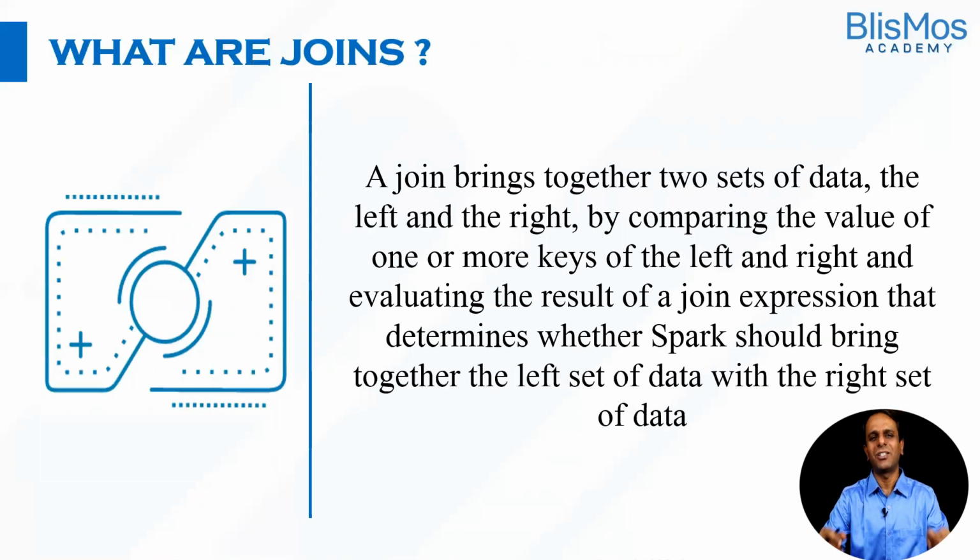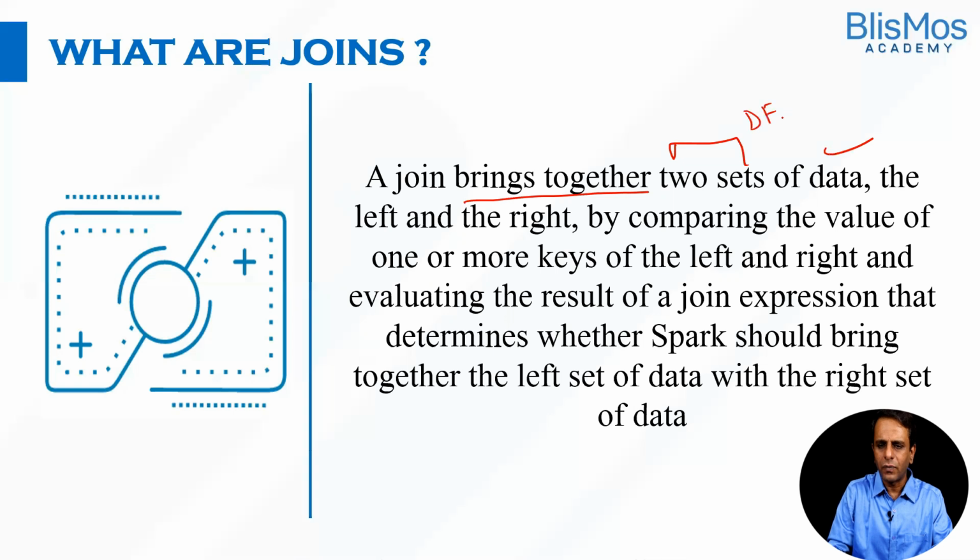What exactly is a join? Joins usually bring together two sets of data. Here we are talking about data frames. One will be on the left, another will be on the right.